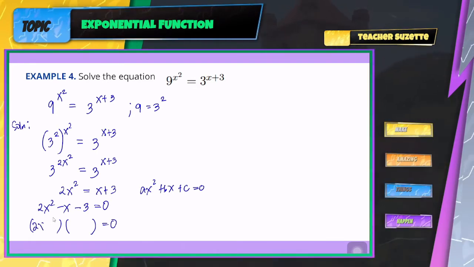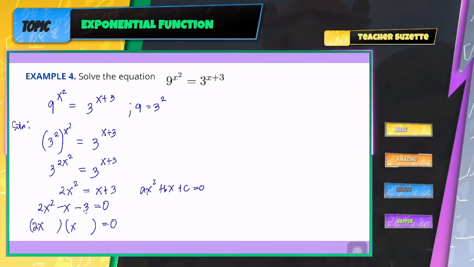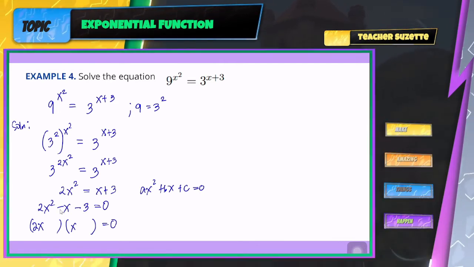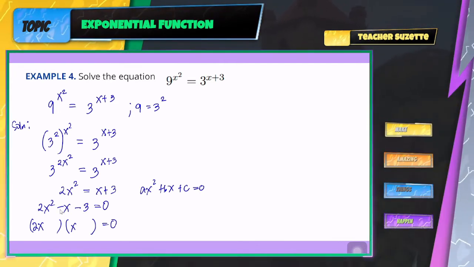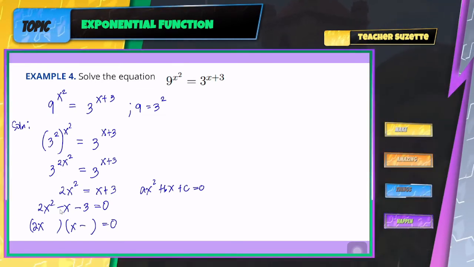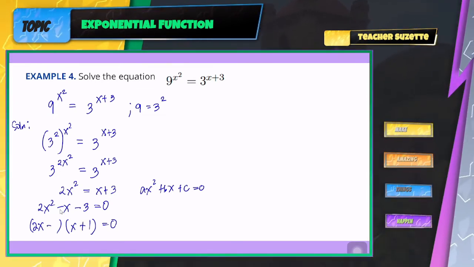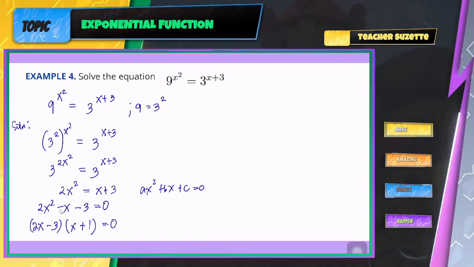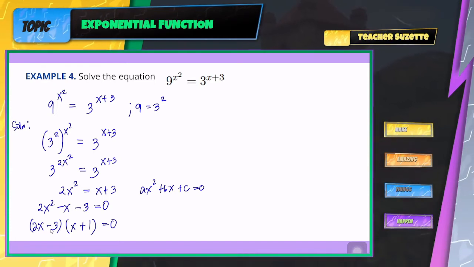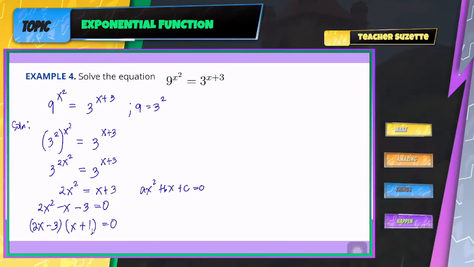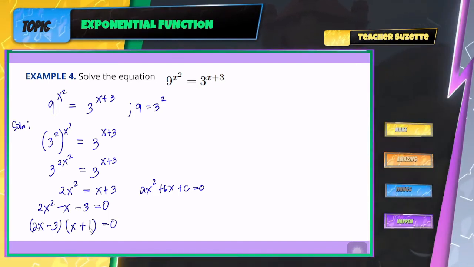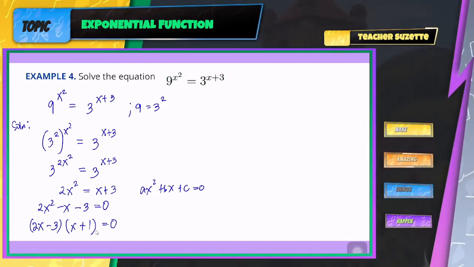So, you have 2x, x, then ang ating last term is negative 3. Kailangan maging sagot sa gitna is negative 1. So, that is positive 1, negative 3. So, check lang natin. You will have 2 times x, 2x, negative 3 times positive 1, negative 3. So, you have 2 times 1, positive 2x.